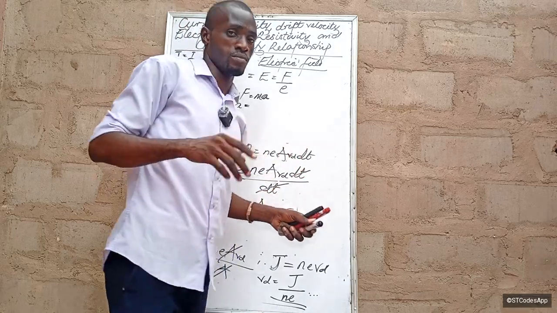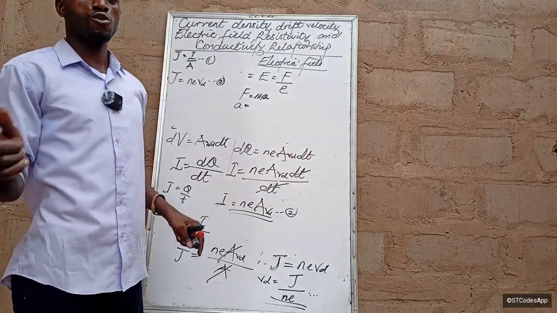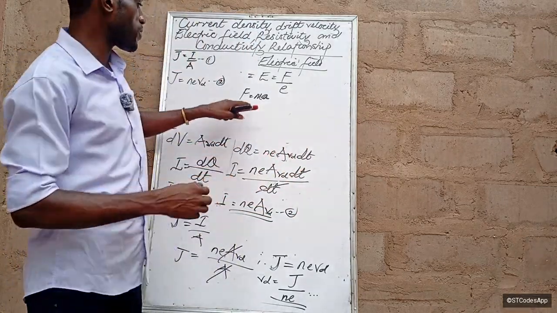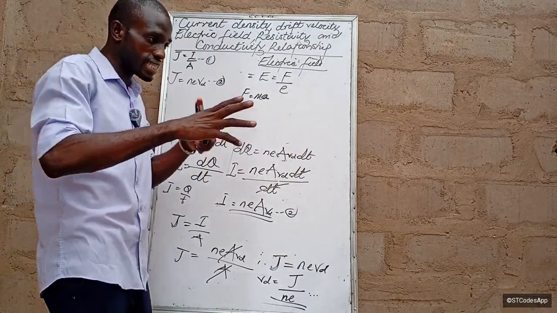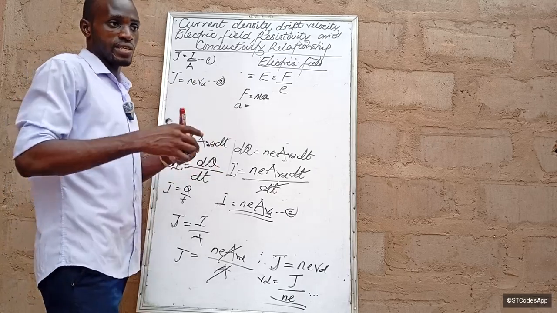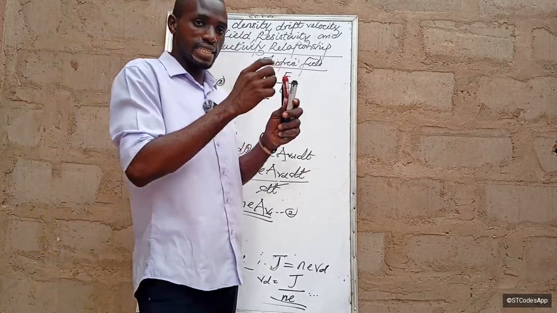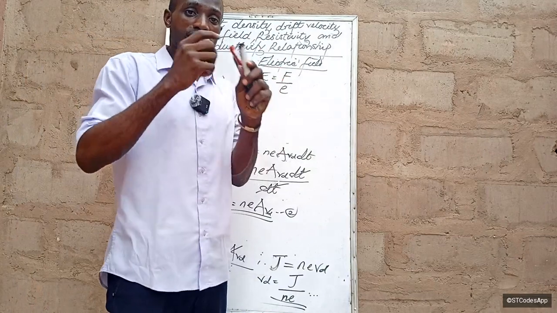I've explained that before in my video where I proved this, so do well to see that video. I'll link it in the description. They are not accelerated continuously because they are hitting the lattice of the wire, the metal lattice of the cable.